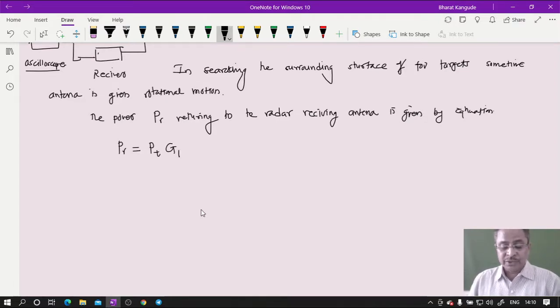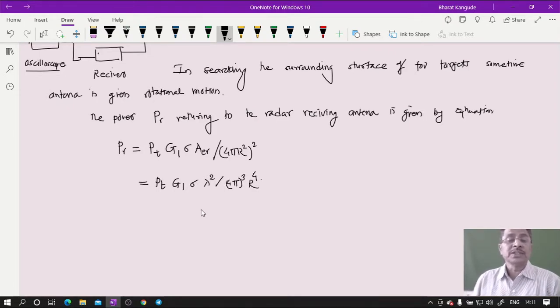We will just write in brief: G1 sigma times capital E in of ER, divided by (4 pi times R square), which is further given by PT G1 into sigma into lambda square divided by 4 pi cube into R to the power 4. This is the formula for power received in case of this type of radar.